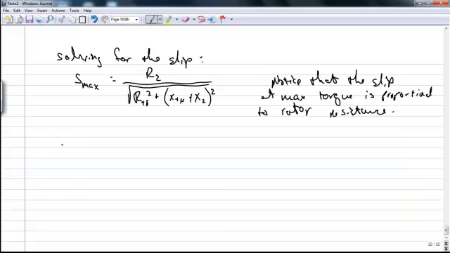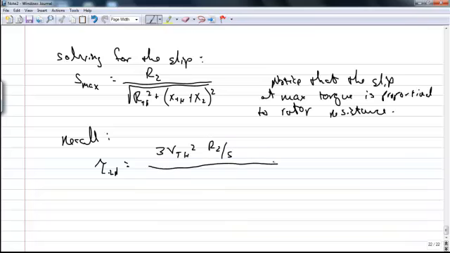And recall that the induced torque is equal to 3 VTH squared R2 over S divided by the synchronous speed. This is the equation we derived before.